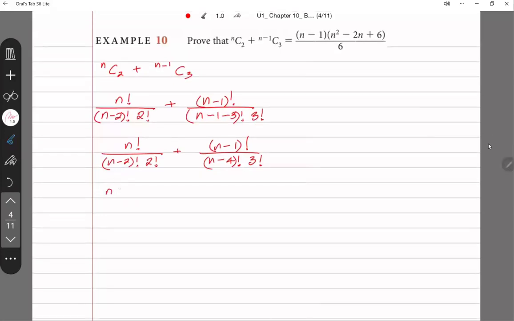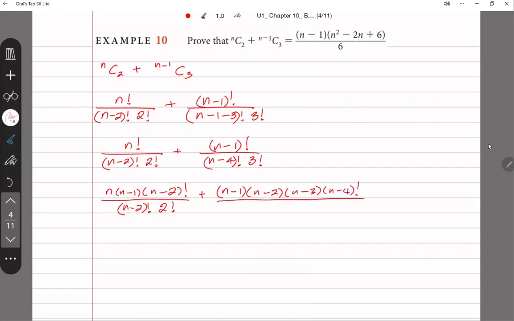This is n times (n minus 1), (n minus 2) factorial over (n minus 2) factorial 2 factorial, plus (n minus 1), (n minus 2), (n minus 3), (n minus 4) factorial over (n minus 4) factorial 3 factorial.